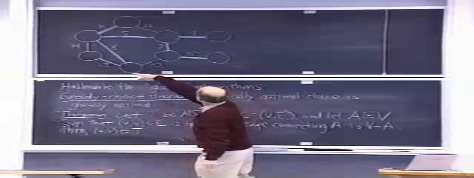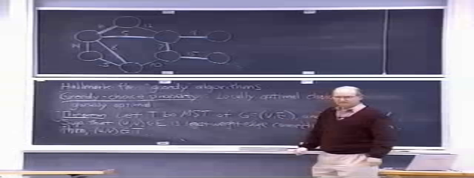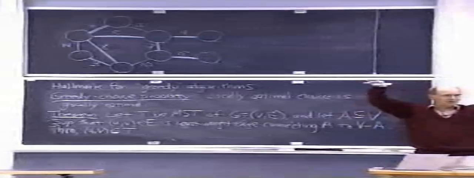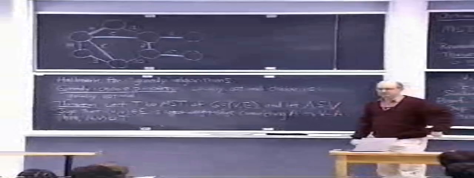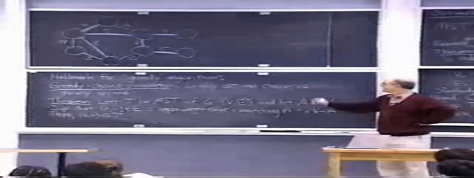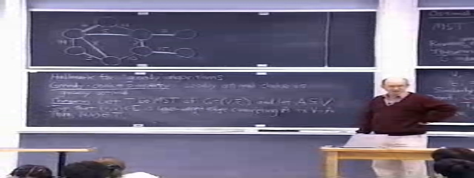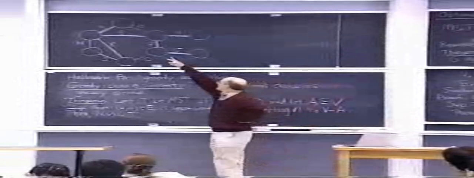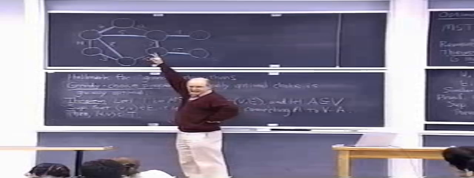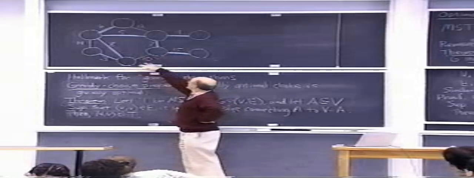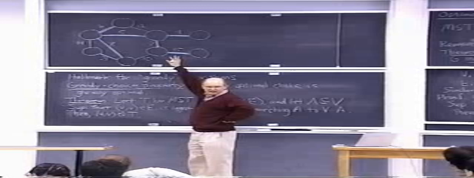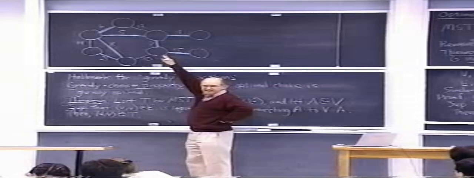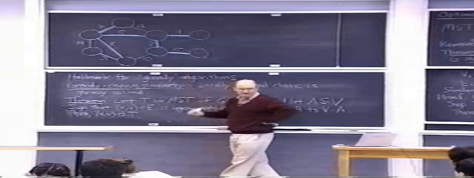And V minus A is then the top 4 vertices. And what's the lightest edge, the least weight edge that connects the top 4 vertices to the bottom 4 vertices? The 7. Is it in the minimum spanning tree? Sure is. Okay. Let's take just the top vertex there as A, and all the other vertices as V minus A. What's the lightest edge connecting that top vertex to all the other vertices?